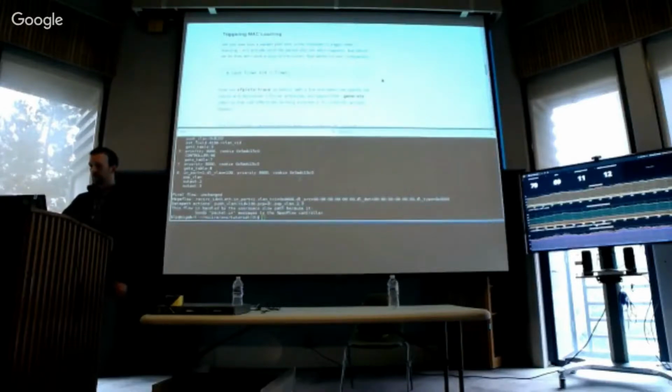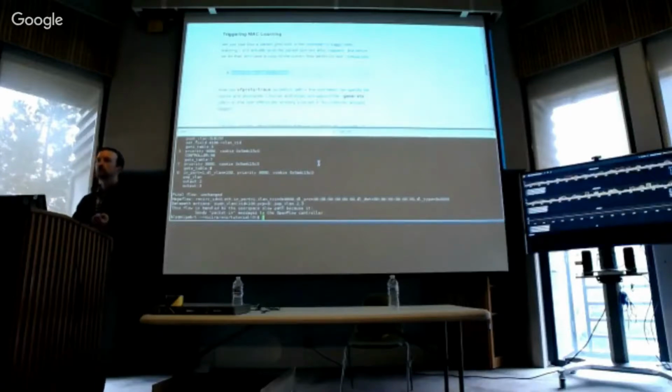So now this was just a what if. It didn't actually send the packet, so MAC learning didn't happen. But we can add another option to this so that it does actually send the packet. And I want to show you what happens to the flow table when we do that.